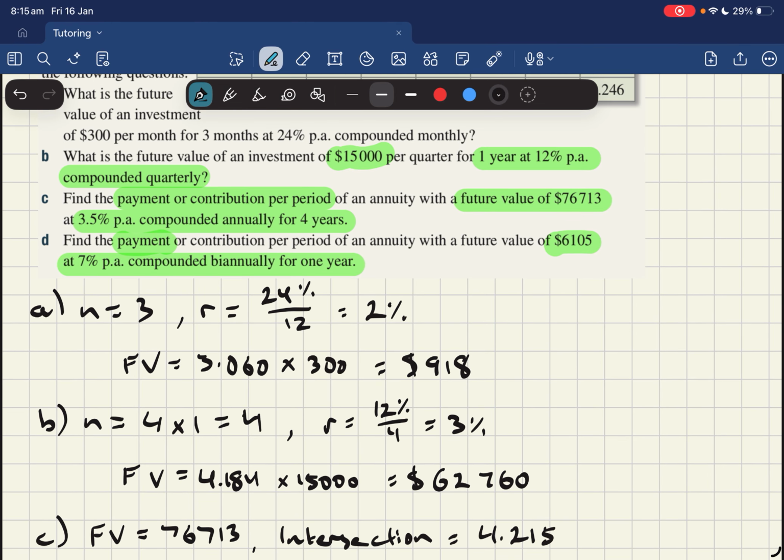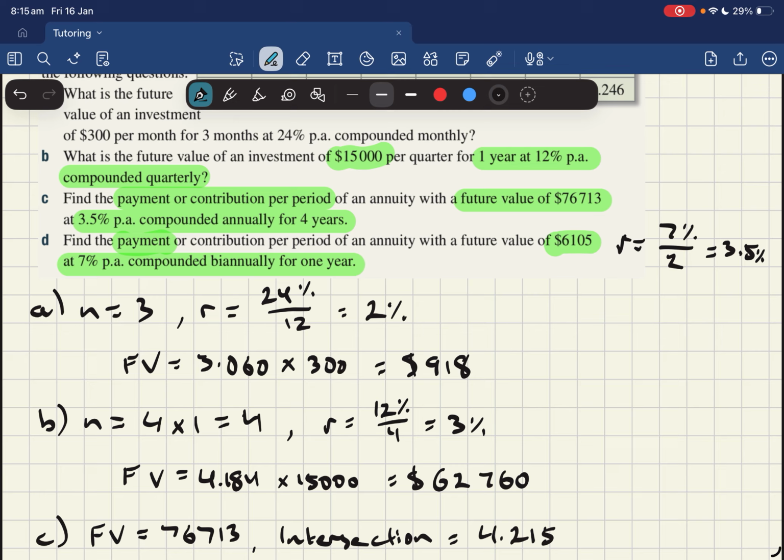Let's find the intersection. So here, the rate is going to be 7%. And it's compounded biannually. So we have 7% divided by 2, which gives us 3.5%. And our number is, it's compounding biannually for 1 year.